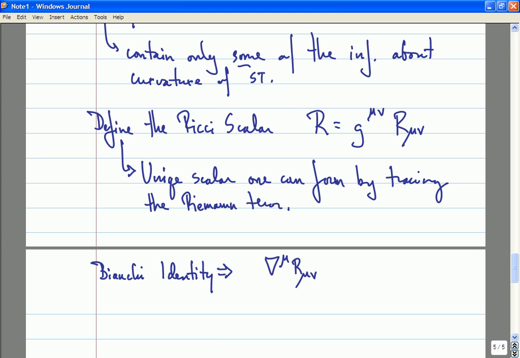The only thing with one index that can be built from the curvature is the derivative of the Ricci scalar. And indeed, you can show, using the Bianchi identity, that if you take the divergence of the Ricci tensor, in the sense that you take the derivative of the Ricci tensor and contract two of the indices together, you get the derivative of the Ricci scalar.